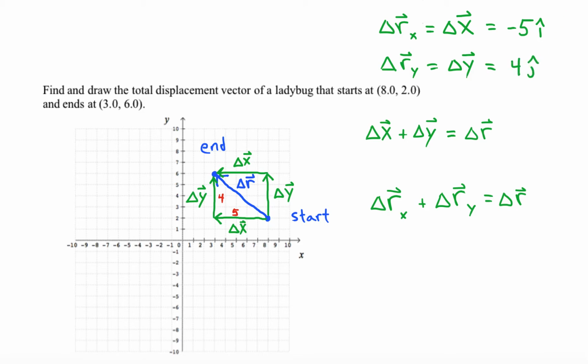So that's just one way to write what delta x and delta y are. Notice that we could plug those right in here, and instead of having delta x plus delta y equals delta r, we could put negative 5i plus 4j equals delta r. That would be one way to write it.